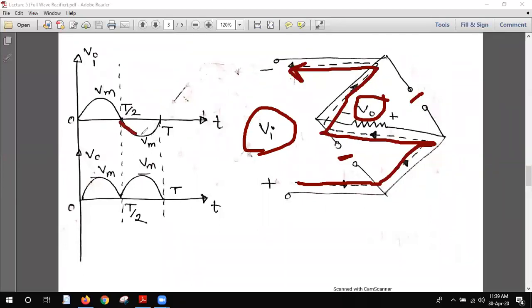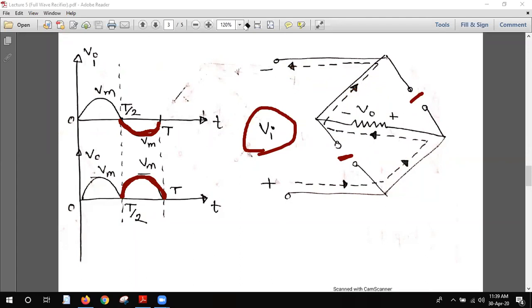This negative cycle will now be on the positive side. Why on the positive side? Let me clear this, then you can understand. You remember, in the positive cycle, this was the plus sign and this was the negative sign for the output voltage.